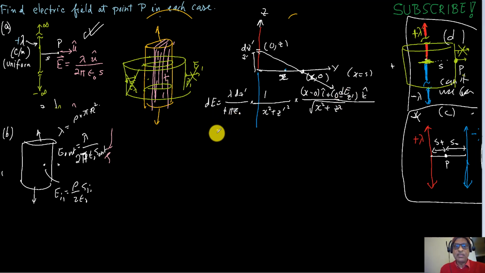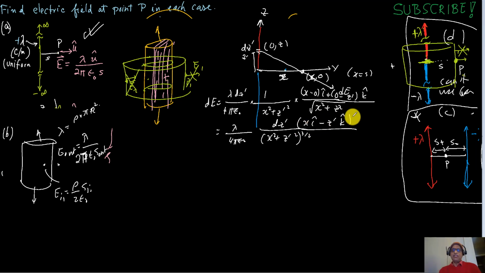So this whole thing is lambda over 4 pi epsilon naught, dz' over (x squared plus z' squared) to the 3/2, times (x i hat minus z' k hat).